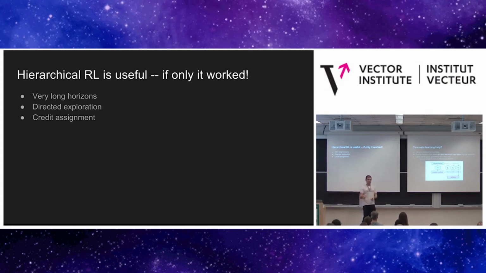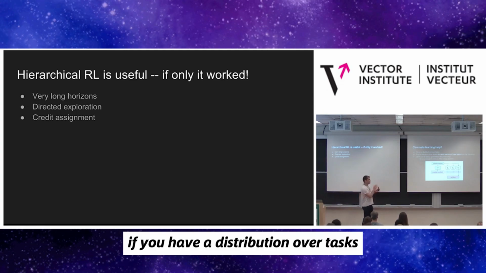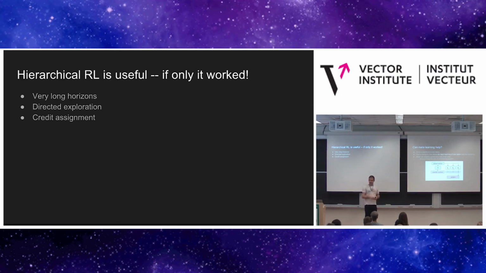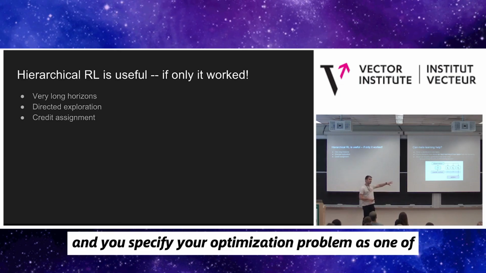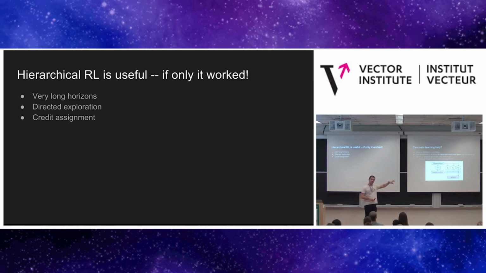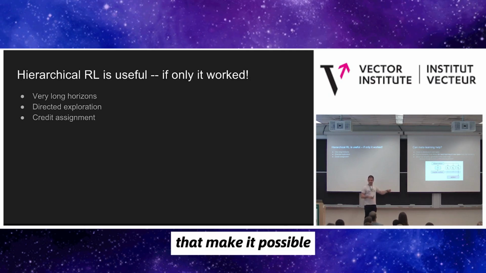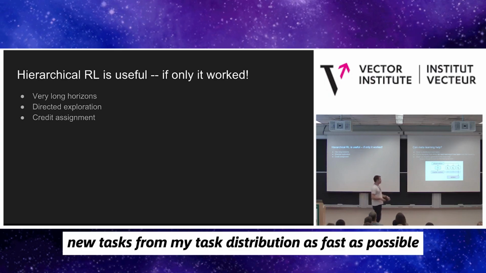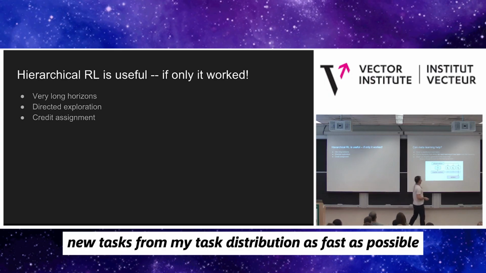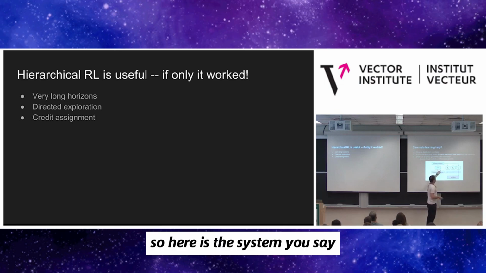Think about it. If you have a distribution over tasks, and you specify your optimization problem as one of, can I please find low-level actions that make it possible to learn new tasks from my task distribution as fast as possible? So here is the system.